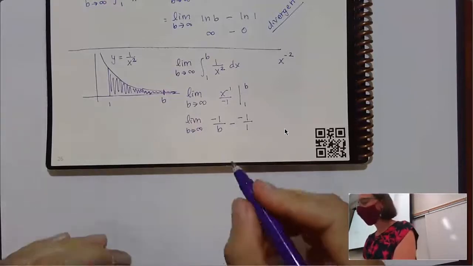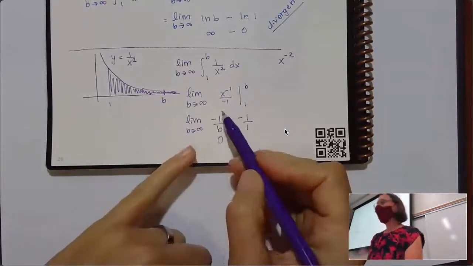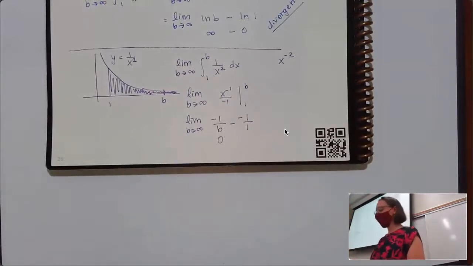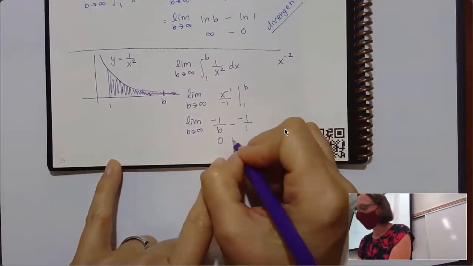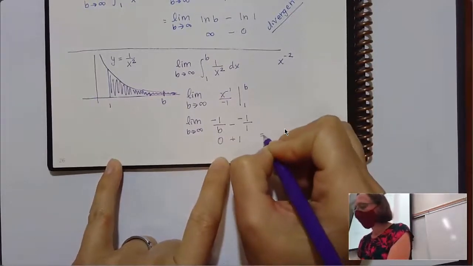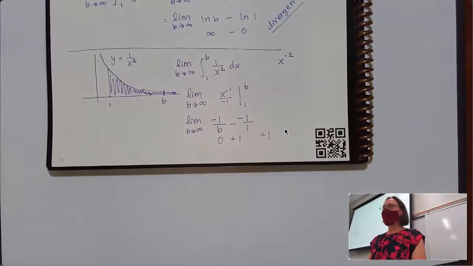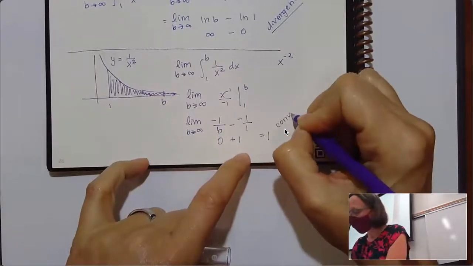Like 0. You get no money. 1 over infinity is headed to 0. So that means that what I actually get here is 0 plus 1. This is definitely convergent.